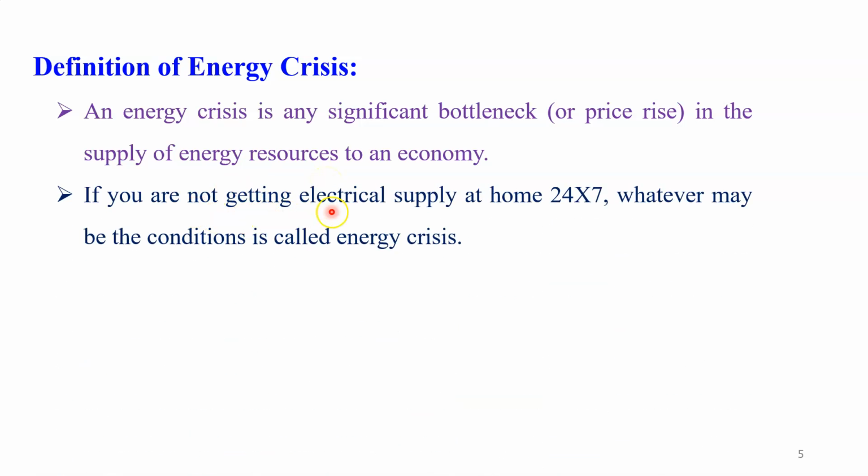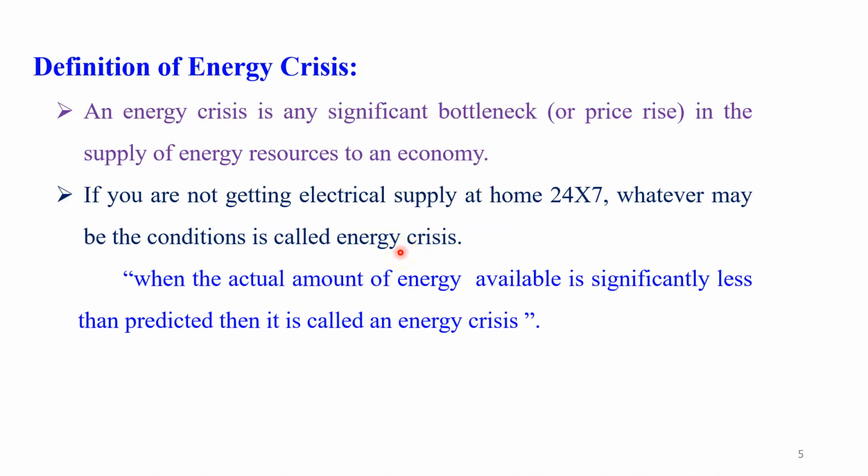If you are not getting electrical supply at home 24/7, meaning 24 hours in 7 days, whatever may be the condition, it is called energy crisis. If you are not able to get continuous electrical supply at your home, 24 hours in a week, meaning every day, then this condition is called energy crisis.